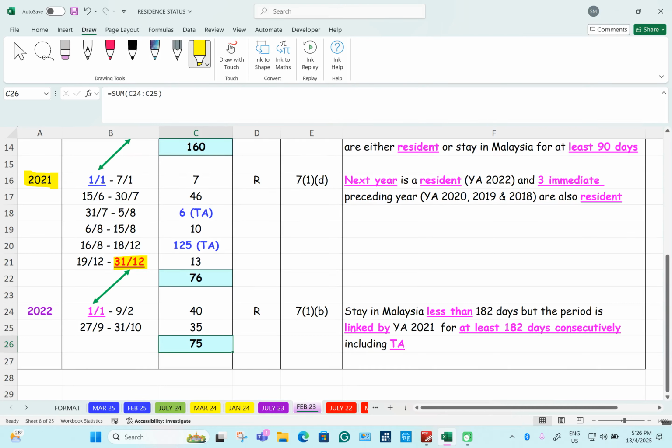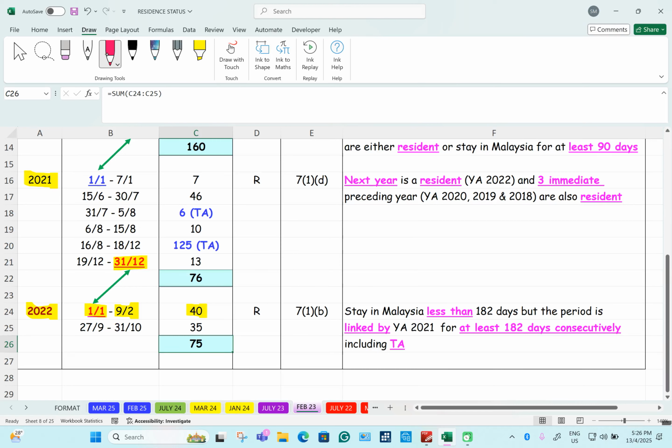After 31st December, the month will be January and I need 1st January. Do we have 1st January? Yes, we do. From 1st January, make sure that you get 182 consecutively. Okay, one by one, guys. 1st January to 9 February, we got 40 days. Not enough.